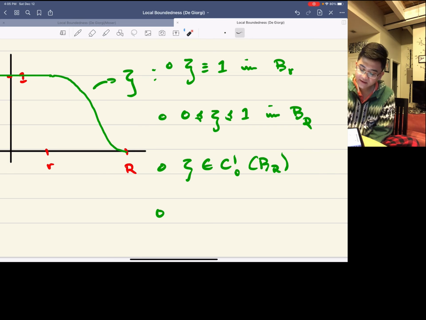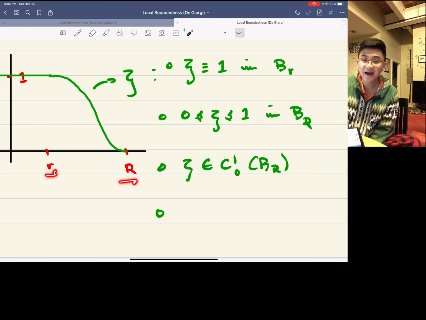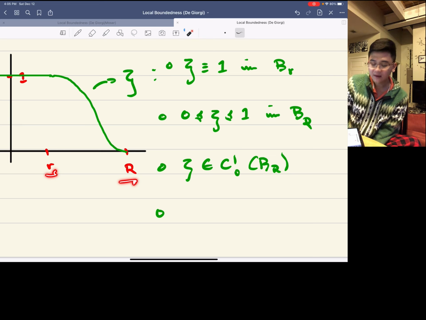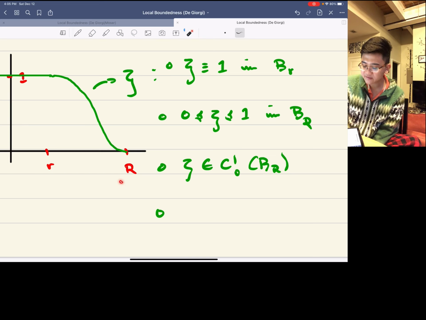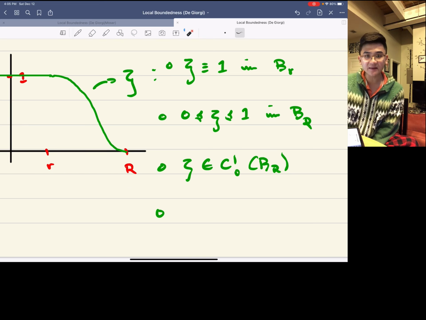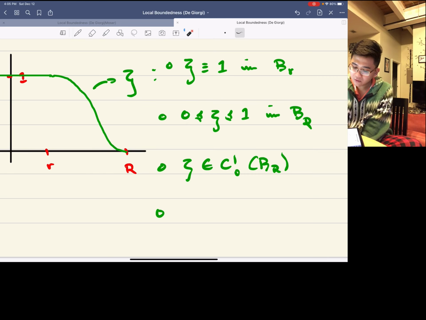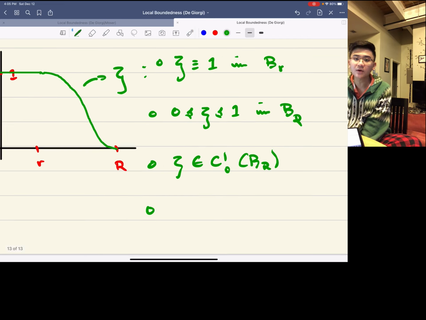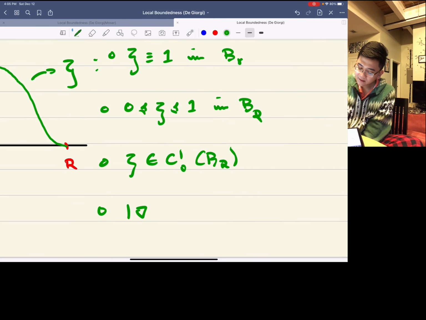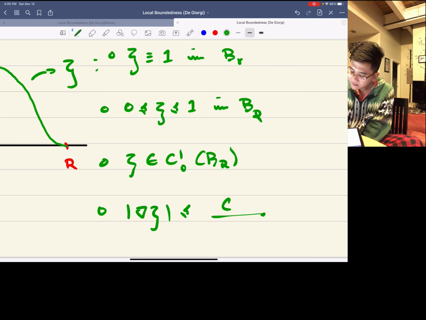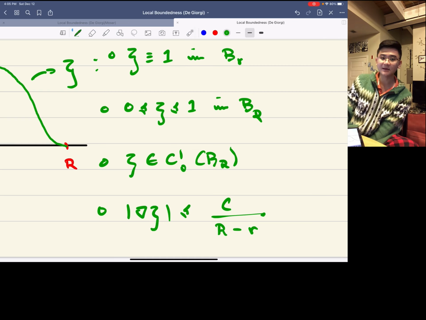As you can imagine, if little r is close to big R, and zeta is to vanish starting from 1, it's going to be steep. So the change from 1 to 0 is going to happen fast. So it is reasonable to say that the control we have on the gradient of zeta is some constant, dependent on the distance between big R and little r.